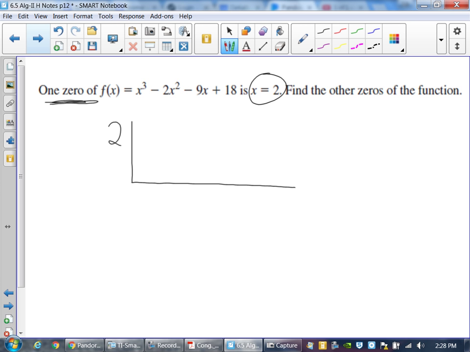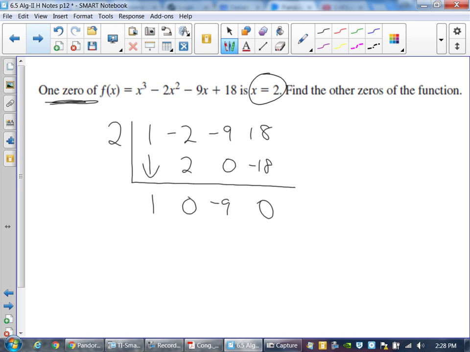Third degree polynomial, 4 terms. We have all 4. Don't worry about placeholders. Be careful with your negatives. That's where you guys will forget. It's already happened today. Put a negative in. Go through the process. Drop the first term. 1, 2, 0, 0, 9. See how fast it gets to be?